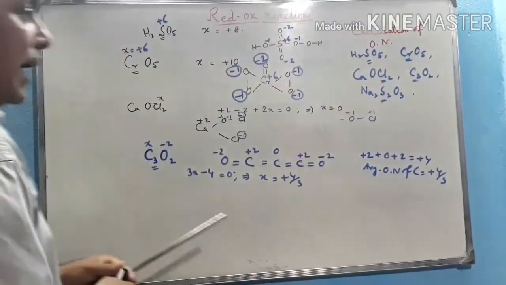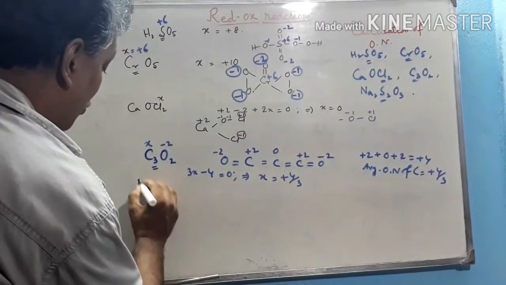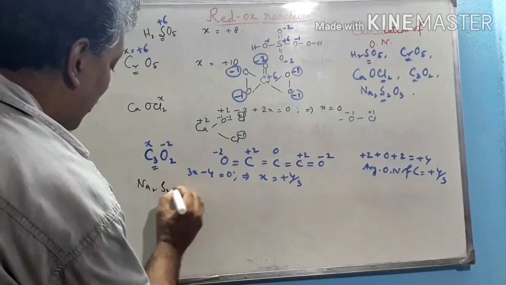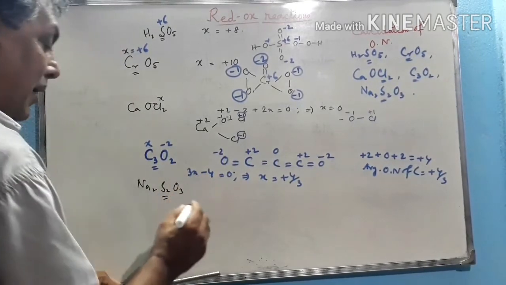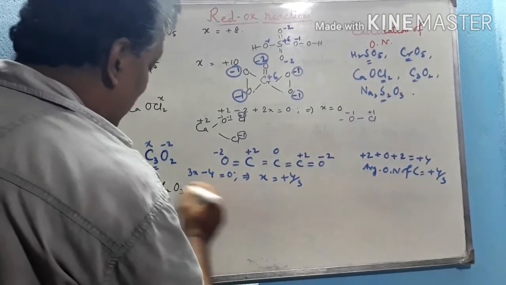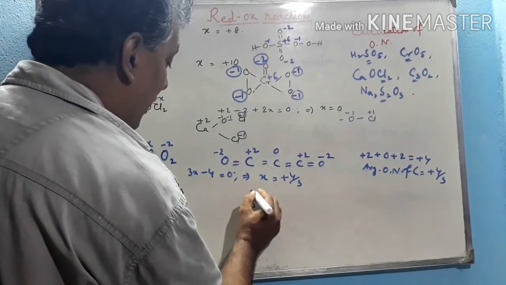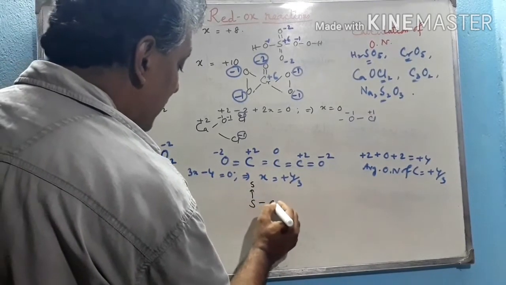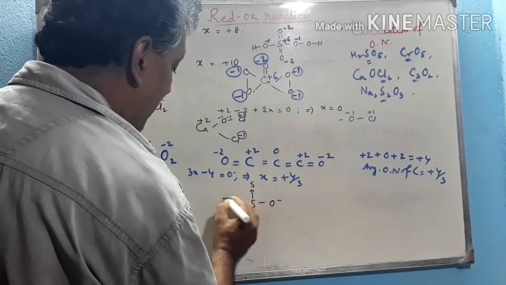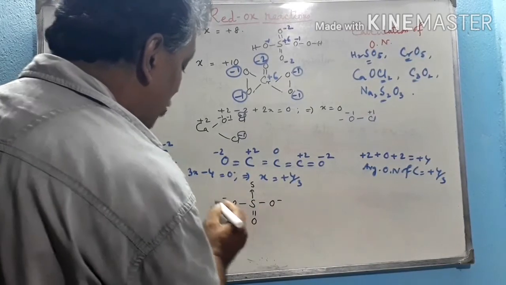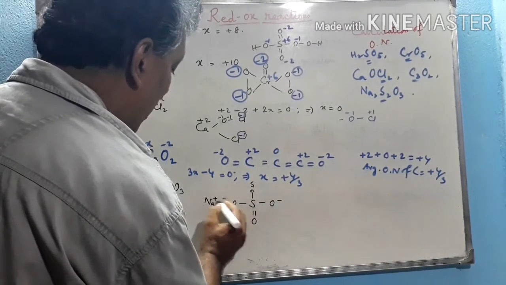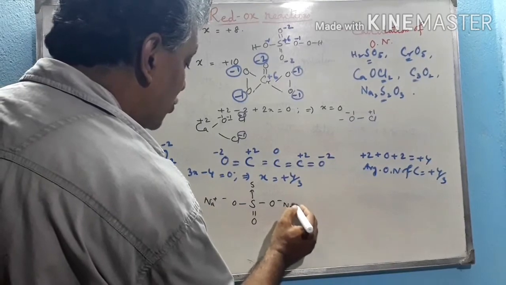And then Na2S2O3. If we want to calculate the oxidation number of sulfur here, first we have to draw the structure of this compound. S, coordinate bond S, this is O minus, this is O minus, this is double bond O. This is the actual structure of sodium thiosulfate, Na2S2O3.